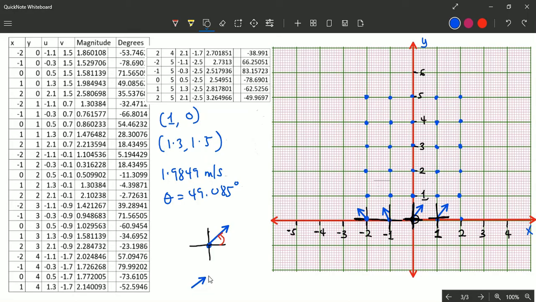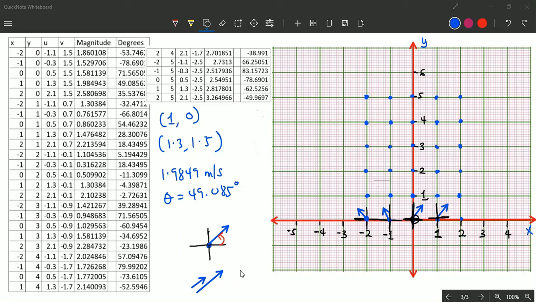Then we have another magnitude of 3, and we want to represent it. You know that that will have to be double what we have, so that would be something like this. You just have to know how to make the assumption.